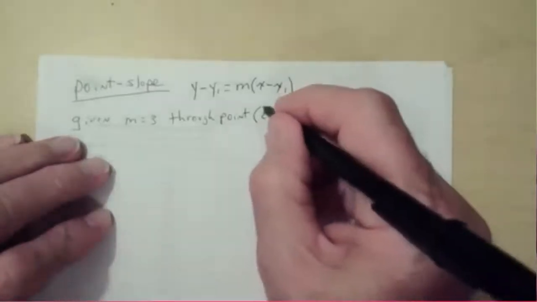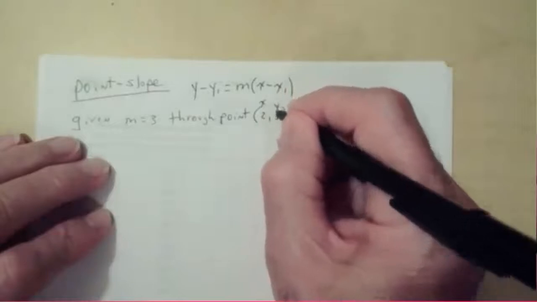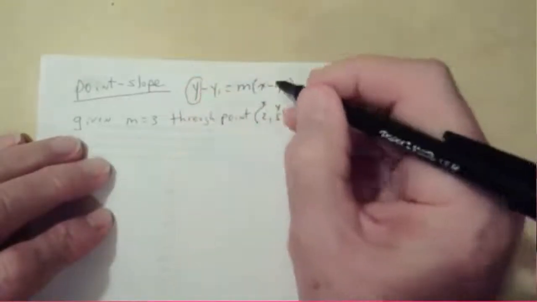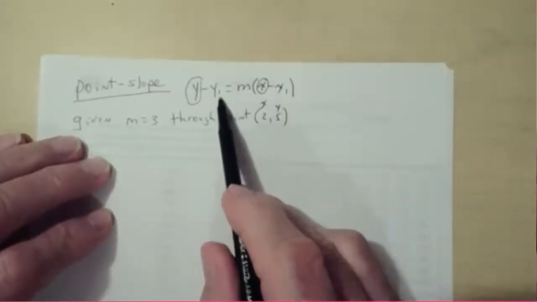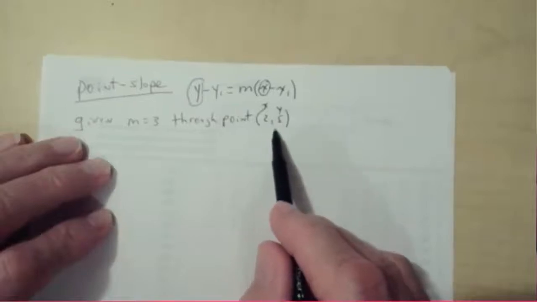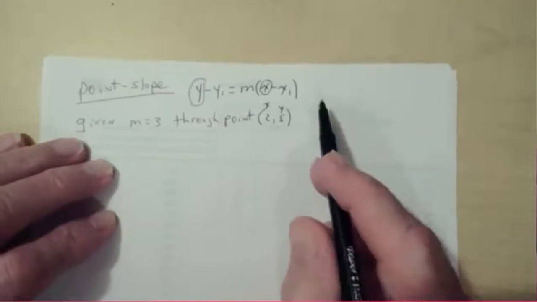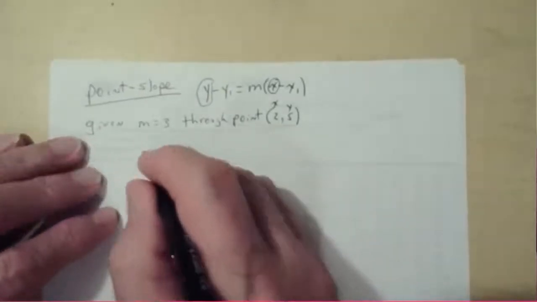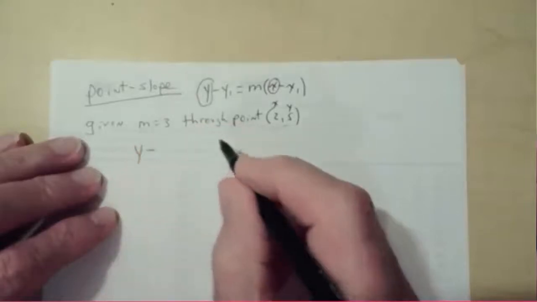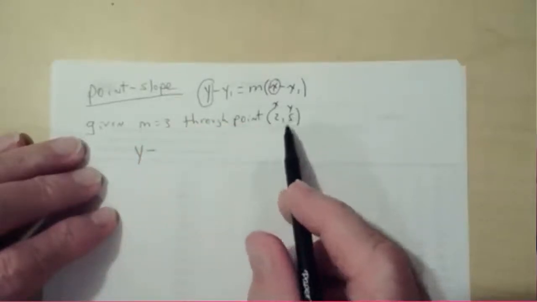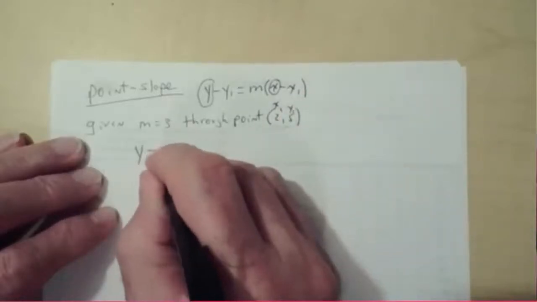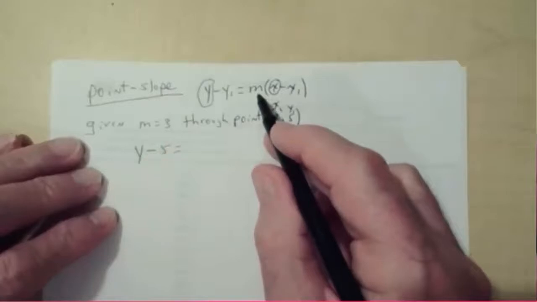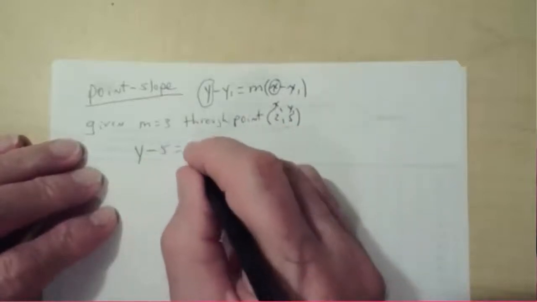Now this y and this x stay x and y. y1 and x1 are these two. So what we do is we just plug in the numbers. Y minus, what's our y1? 5, x1, y1, equals m, or slope, which is 3, open x minus, and x1 is 2.